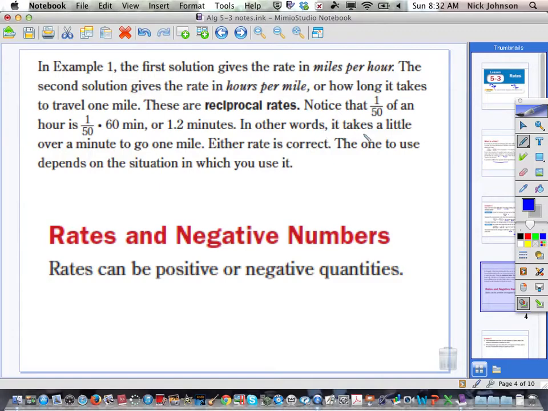In other words, it takes a little over a minute to go 1 mile. Either rate is correct. The one to use depends on the situation in which to use it. Rates and negative numbers: rates can be positive or negative quantities.